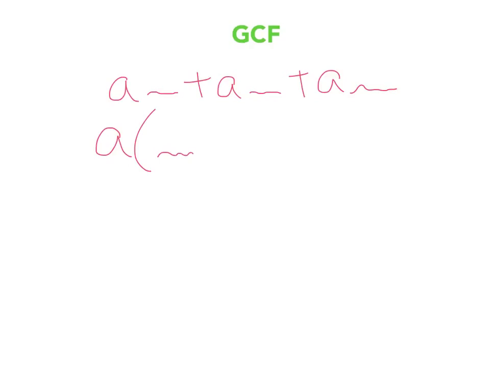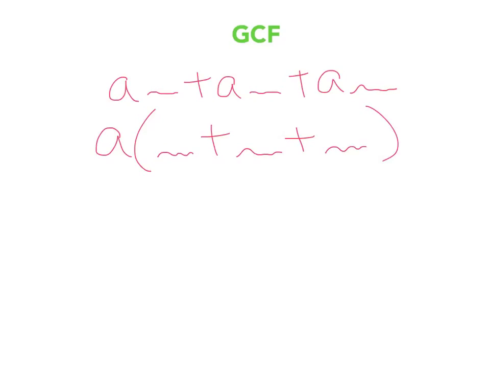So if we have a term a times a blob plus a times another blob plus a times another blob, what we can do to factor it is we take out the a, which is the common factor, and then what we're left with in the parentheses is the sum of all of the different blobs.